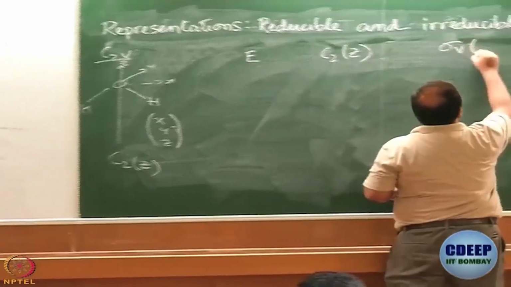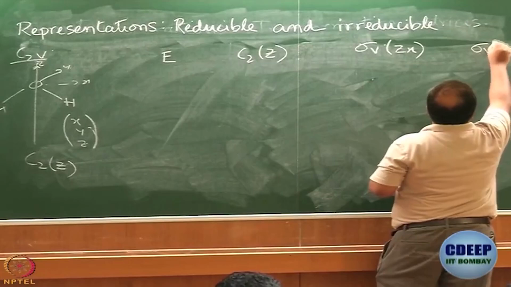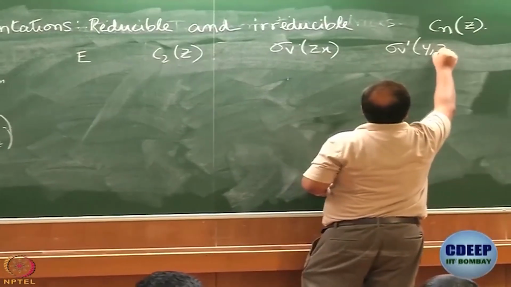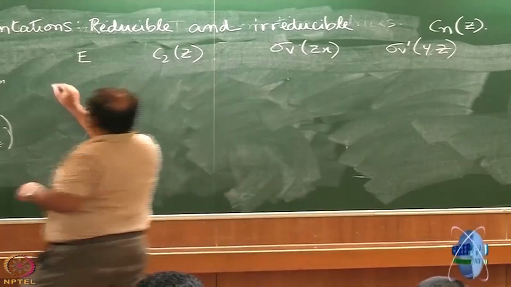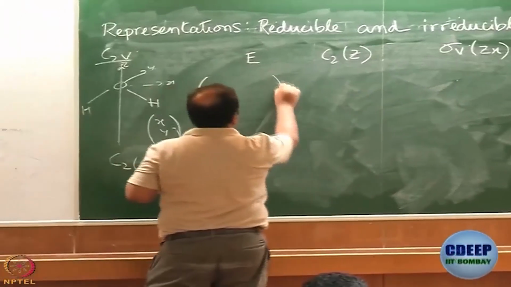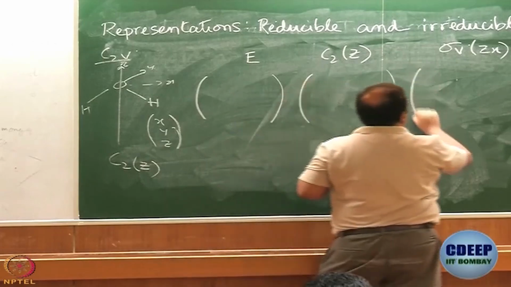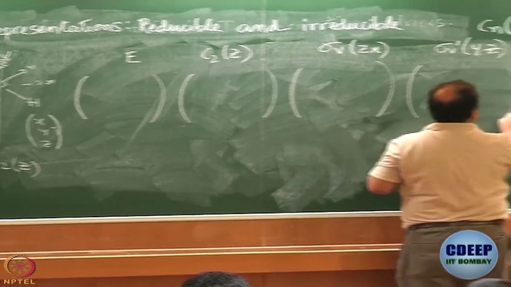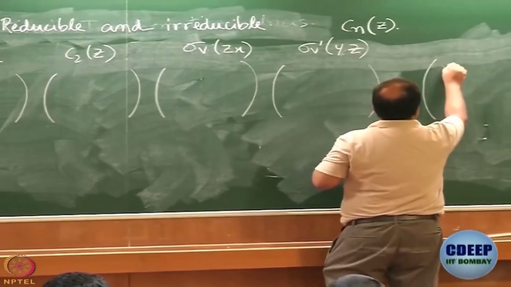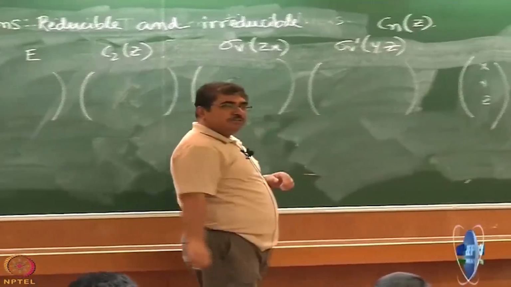Sigma v is ZX, and sigma v dash will be YZ. What we want to do is work out the transformation matrices for each of these symmetry operations using X, Y, Z as basis. So far so good.